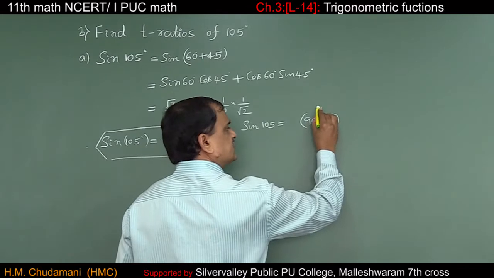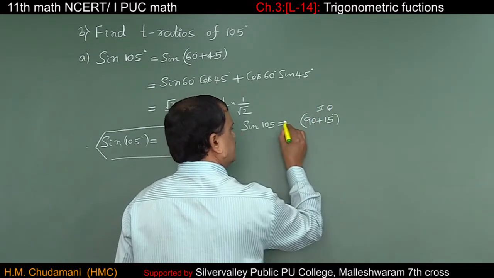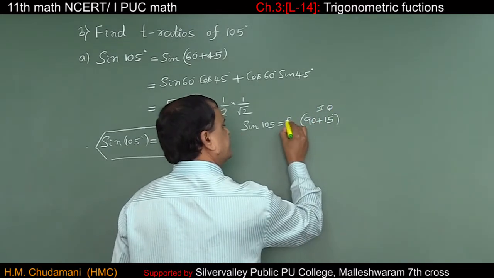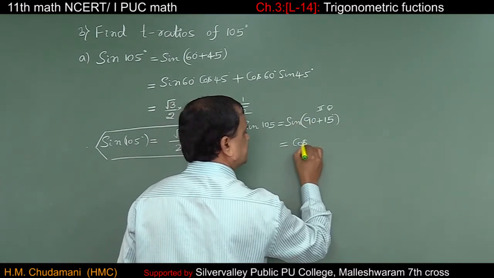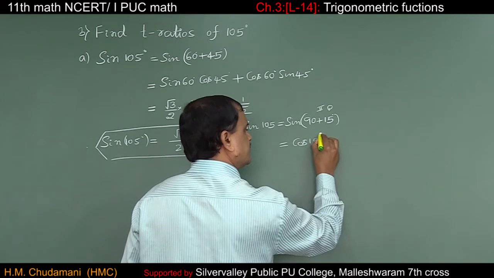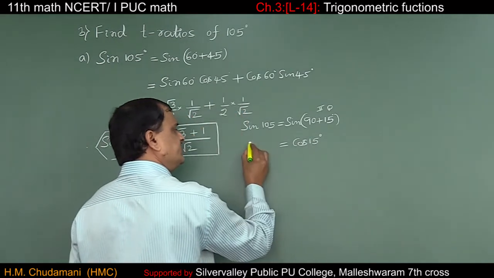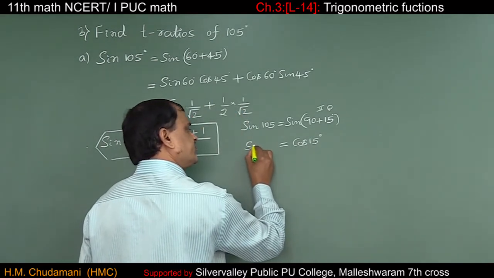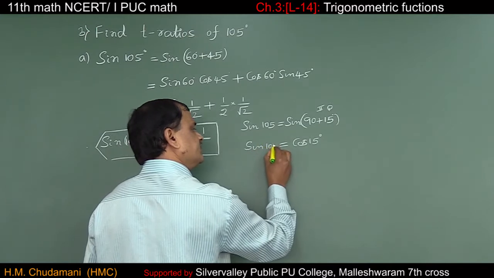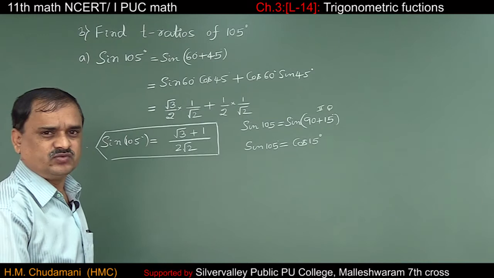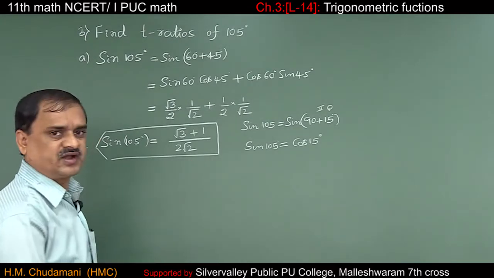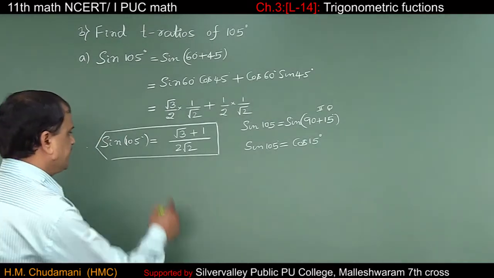It lies in the second quadrant. Okay, so this is sin. Sin changes to cos 15 degrees. So cos 15 degrees is equal to sin 75 degrees, right? So sin 105 degrees can also be written as cos 15 degrees.